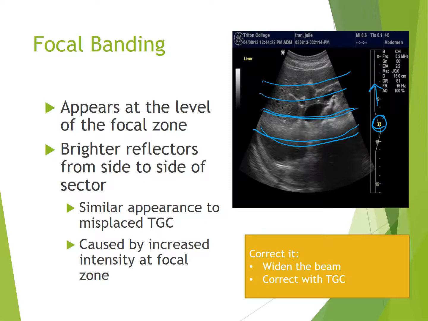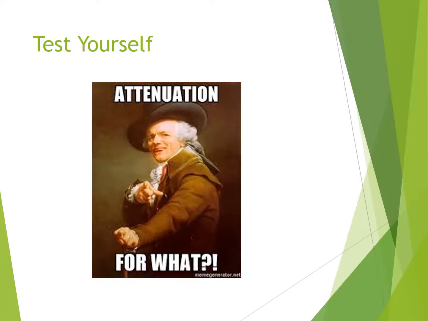To fix this, we're going to widen our beam, so maybe drop our TGC a little bit lower, reduce the intensity of where that is, or we're just going to take our TGCs and correct for it to even out at the level of the focal point. All right, so relatively simple concepts, things that you've been seeing all along in your pictures most likely.